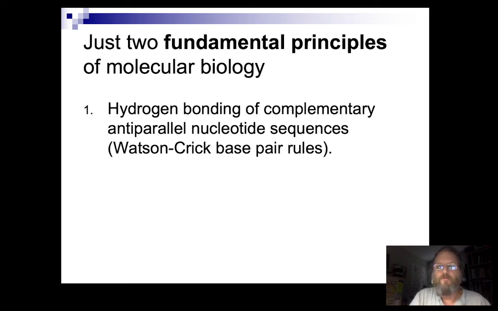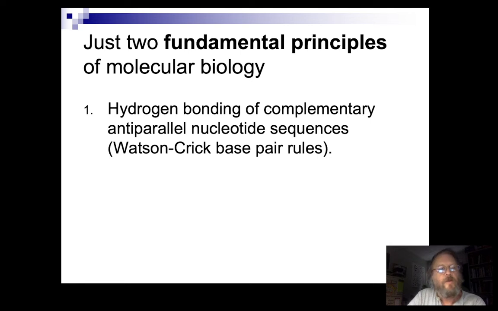And so they form hydrogen bonds, A with T, G with C, and so on. And so you can exploit that by designing sequences knowing that where A's are present, T's will form hydrogen bonds, right? So this is a very powerful principle, the idea that you can design sequences and you know what the match will be.